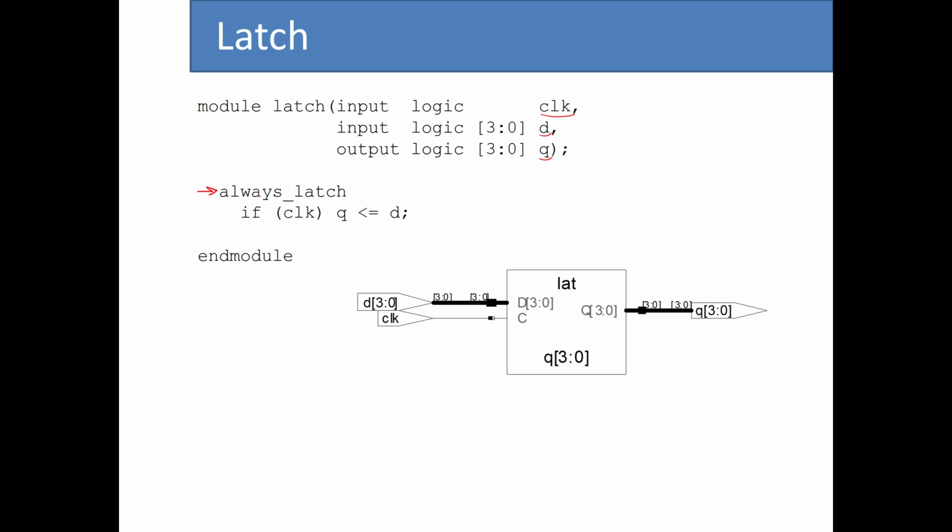However, what we have is that anytime the clock signal becomes 1, Q gets the value for D. Since we are not sensitive to the positive edge of the clock, we don't have to include it in a sensitivity list. But what we can do is just say this process is always looking for the value of the clock. If the value of the clock signal is 1, Q gets the value for D. And at all other times, Q remains at its previous value.